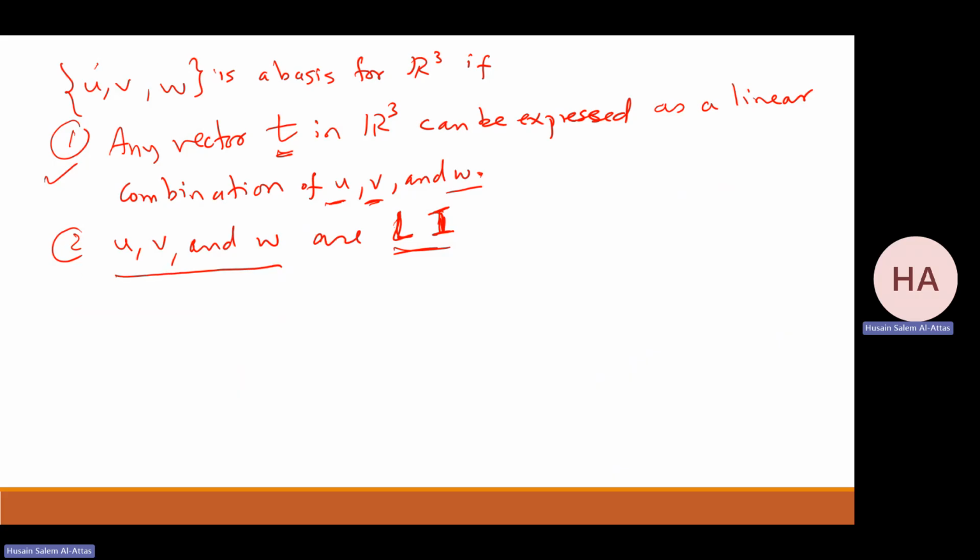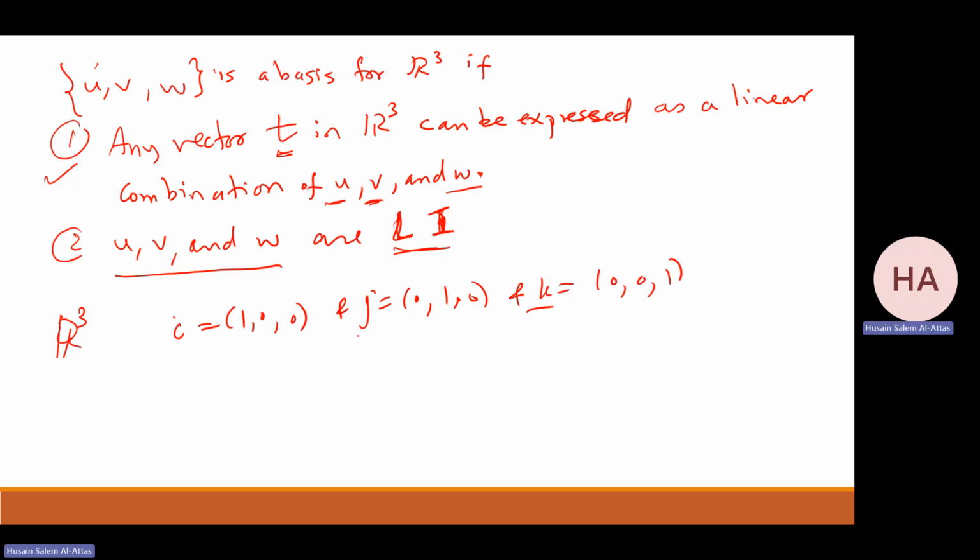Just to give you an easy example for R3. I know I, which is 1, 0, 0, and J, which is 0, 1, 0, and K will be 0, 0, 1.